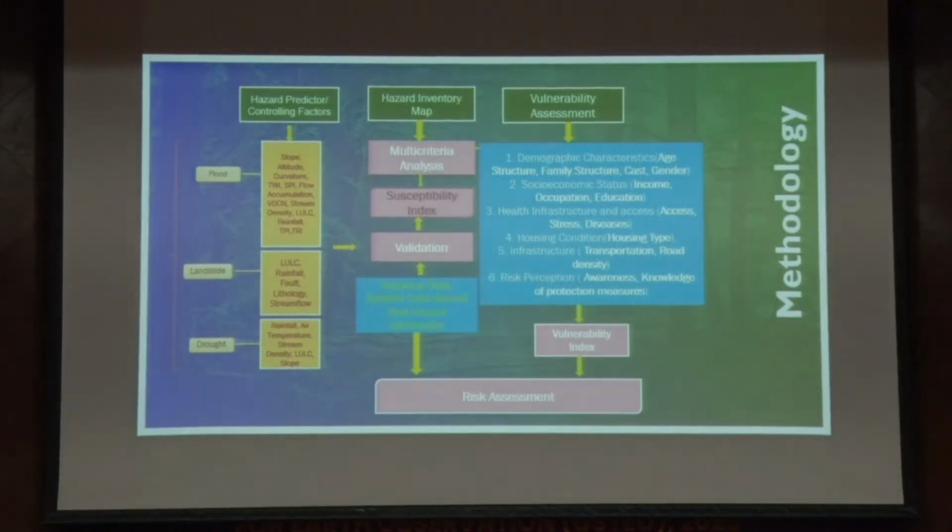Here we can see the hazard predictor and controlling factors in flood, such as slope, altitude, curvature, and all these maps are created, and I will explain part by part. Then I composite these maps, create the susceptibility index, and do the validation, risk assessment and vulnerability assessments. These works are in progress.